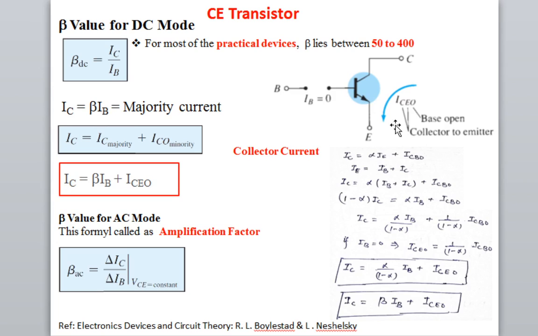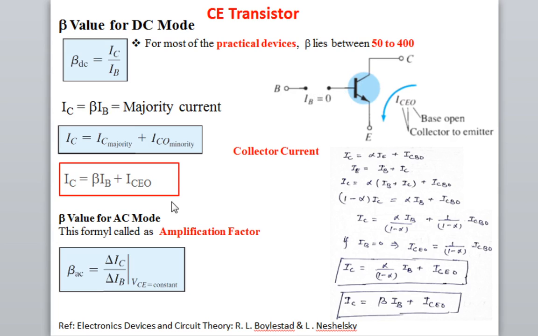So at that time, this current is called ICEO, collector to emitter current when the base is open. This current is the minority current. If IB is not 0, a non-zero value of base current will also introduce a collector current.